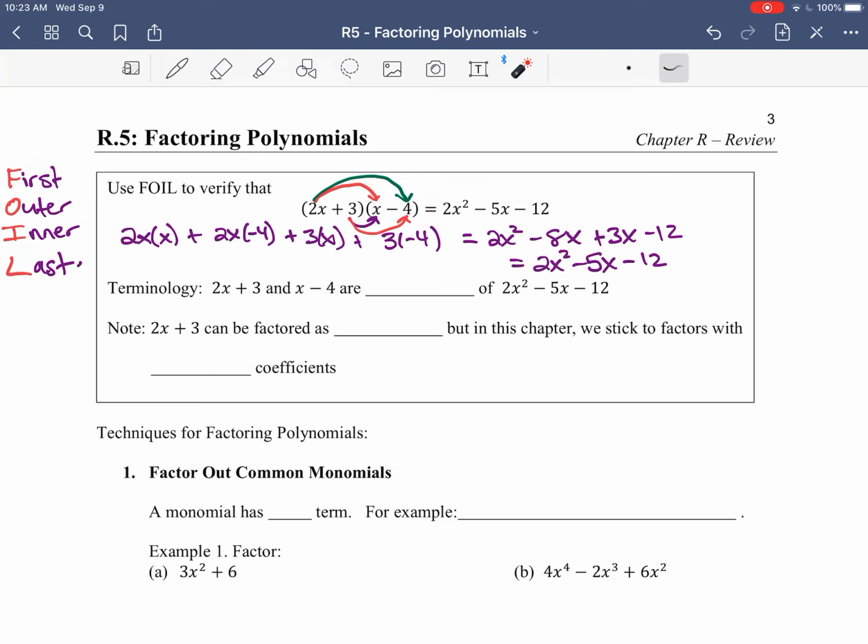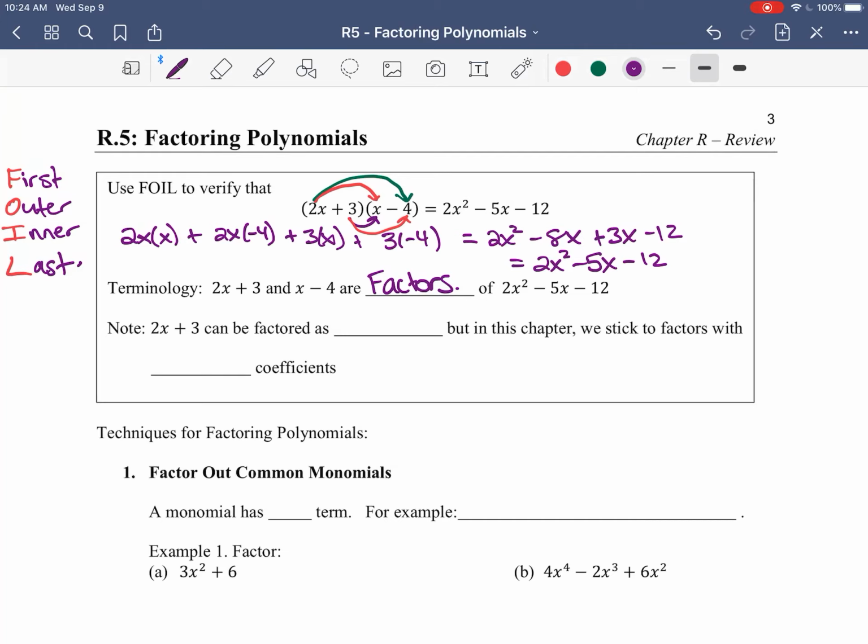So that's how you expand factored polynomials. What we want to do is the opposite. We want to try and go from this side to that side. First, some terminology. In the above example, 2x plus 3 and x minus 4 are factors of the polynomial 2x squared minus 5x minus 12.